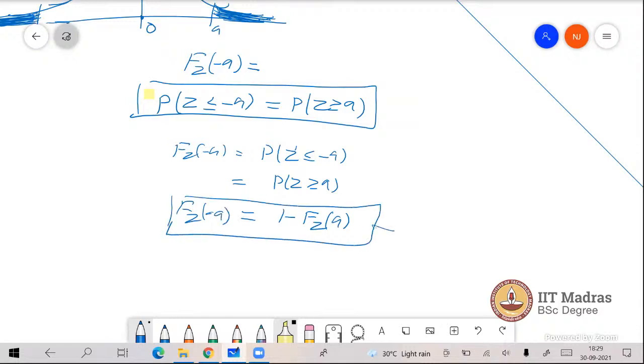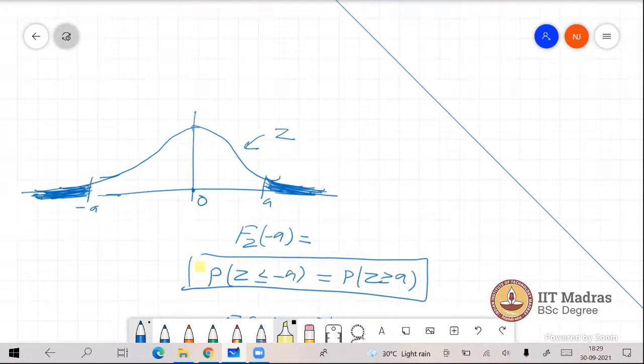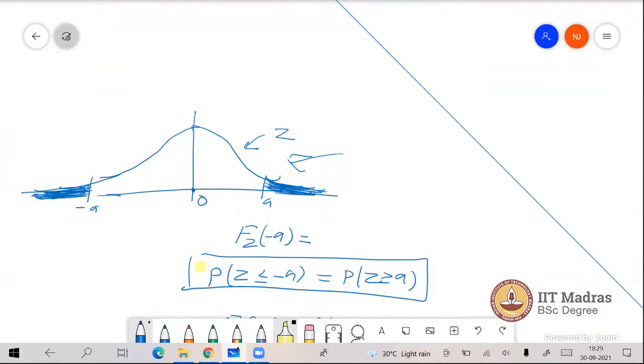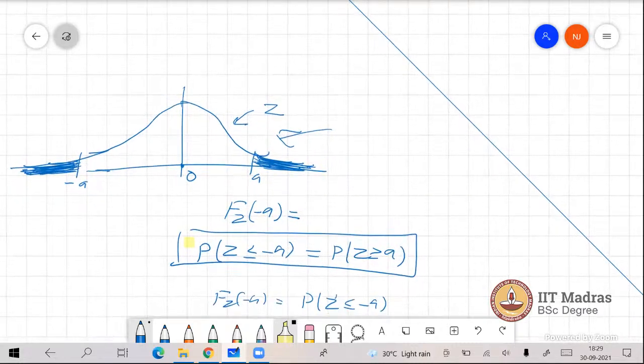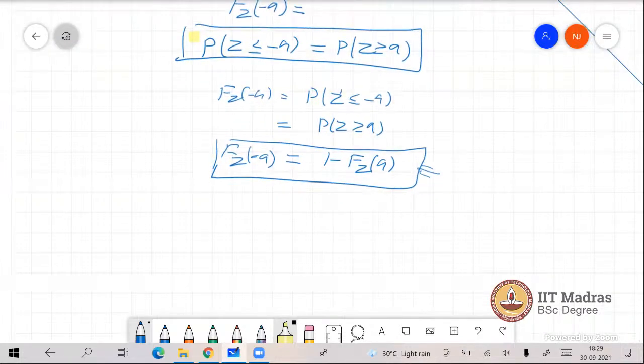Any doubt in this? Have you any doubts in this concept? So always remember this picture in your head. This will be very useful when we go onward to hypothesis testing and all. These things will be very handy. This needs some practice, and then it will be very easy.